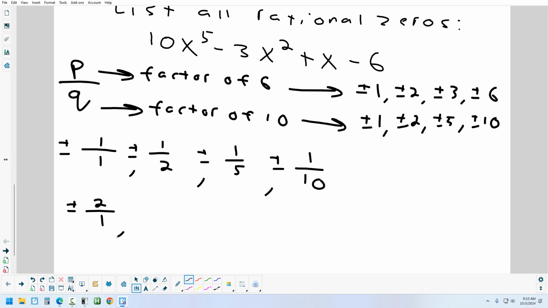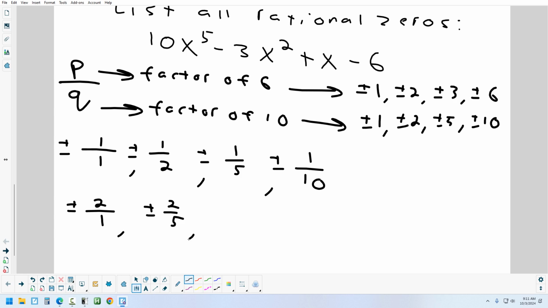The next one would be what? 2 over 2. But that was 1, we already have that one. Positive or negative 2 over 2, that's a repeat. So let's skip 2 over 2. What would the next one be? 2 over 5. And the next one? 2 over 10, that's a repeat of 1 over 5, so we don't need that one.